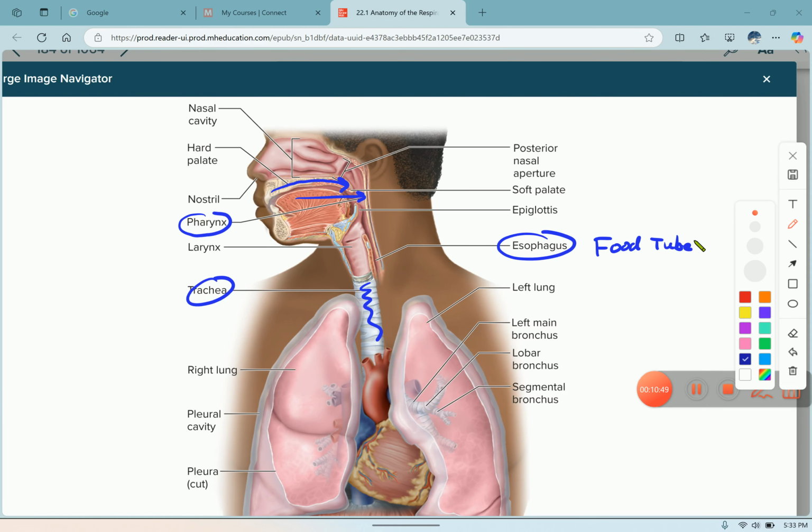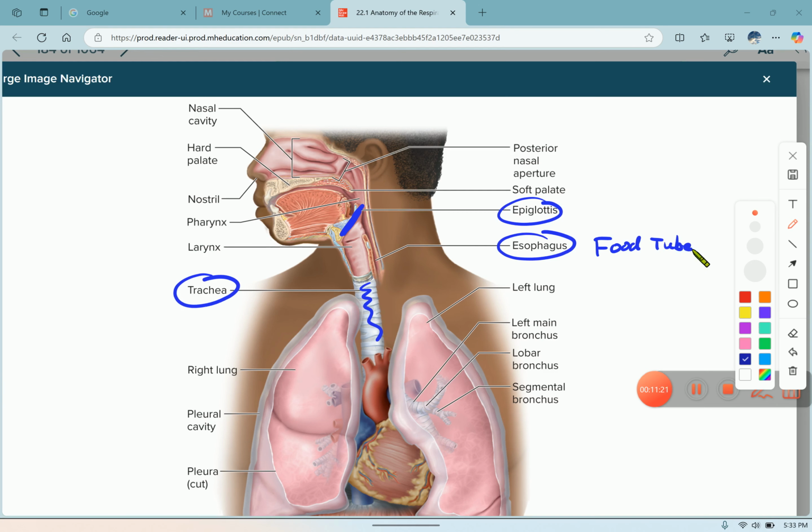So when we swallow, we want food to get routed down the esophagus, the food tube, not the trachea. So the epiglottis will cover the trachea to prevent food and water from going down your windpipe.